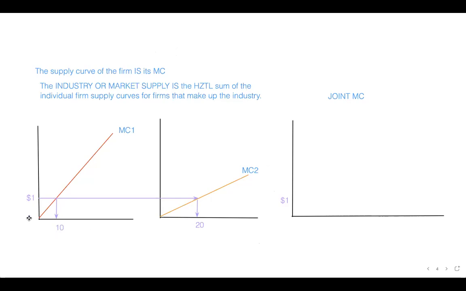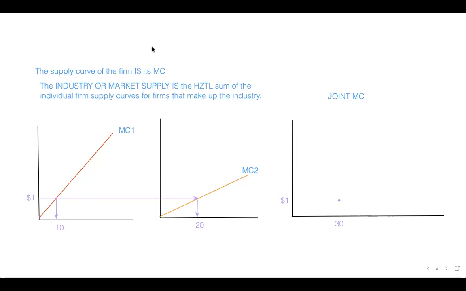Firm one is going to supply 10 tomatoes at $1. Firm two is going to supply 20 tomatoes at $1. So at the industry level, how many tomatoes am I going to get at $1? I'll get 10 from firm one and 20 from firm two. So I'll have 30, and that will be one point on my industry supply curve.